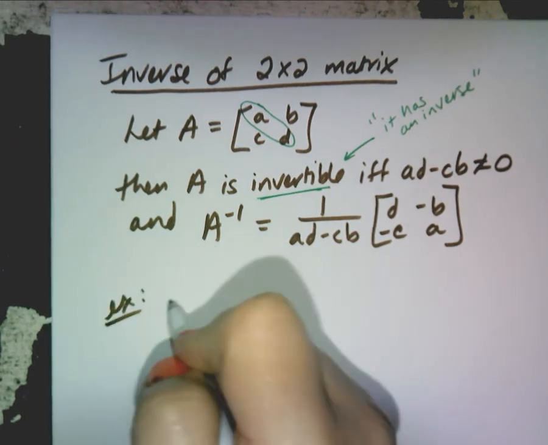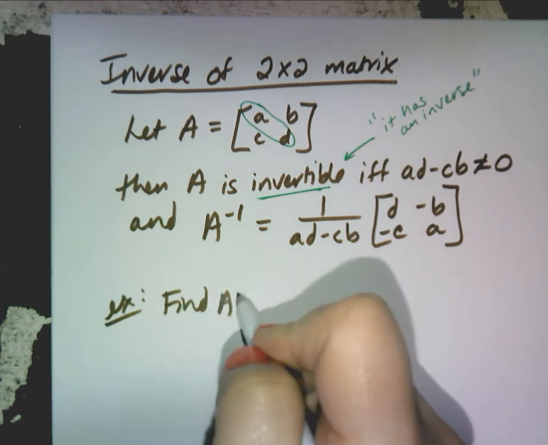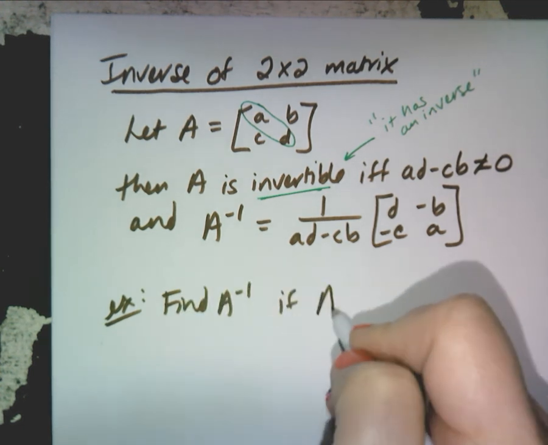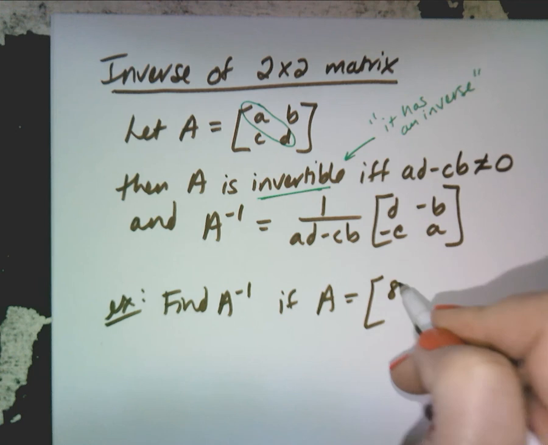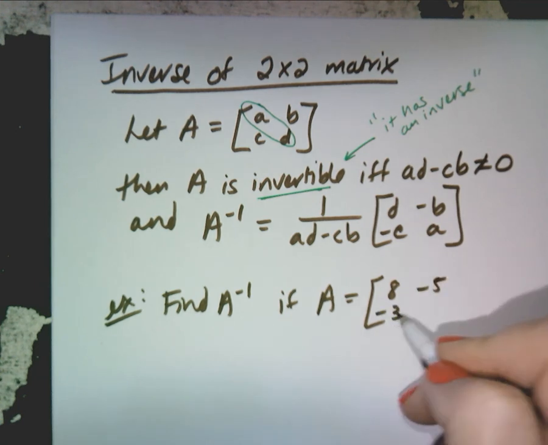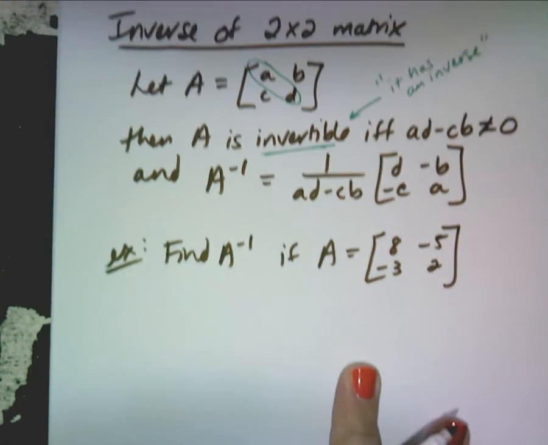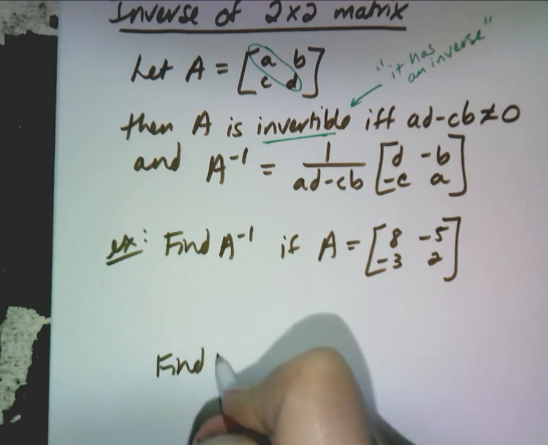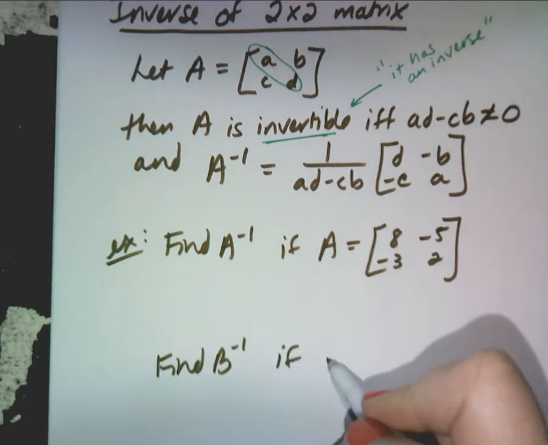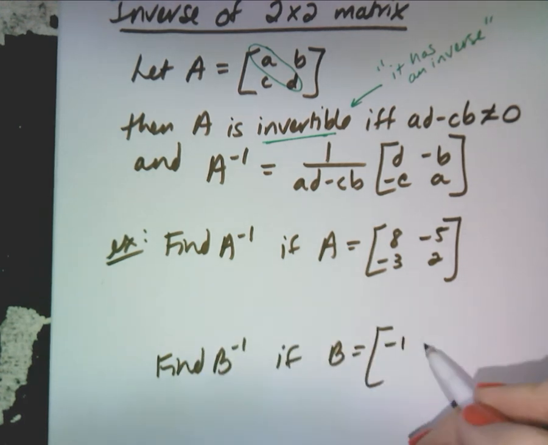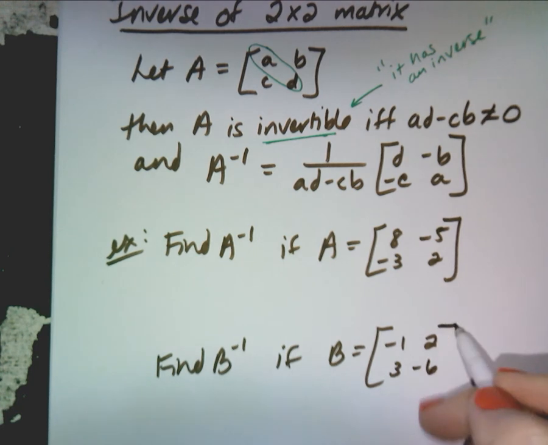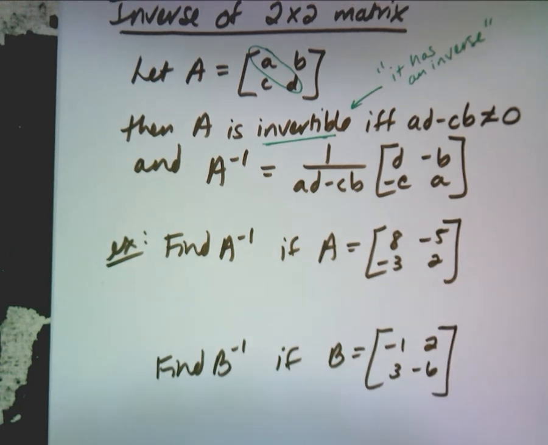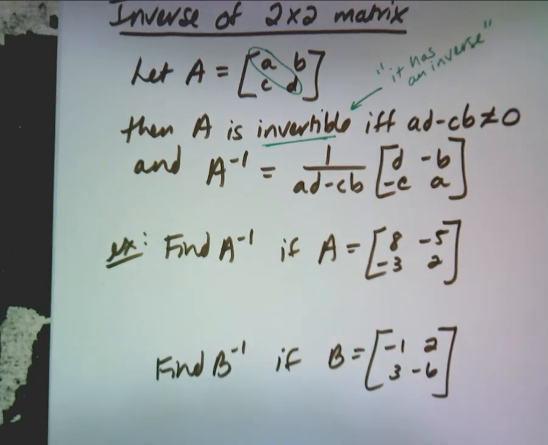Okay, so here's our last example. We're going to find the inverse of A if A is equal to 8, -5, -3, and 2. And then we're going to find the inverse of B and be done. Okay, so again, let's follow the formula.